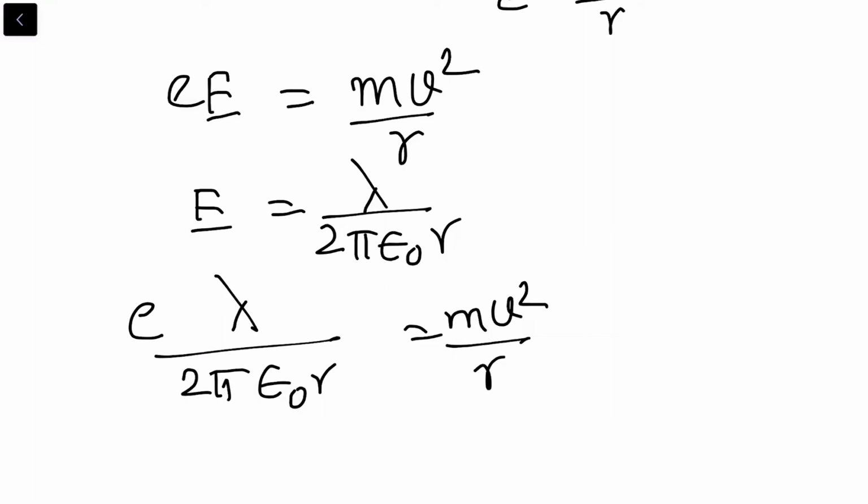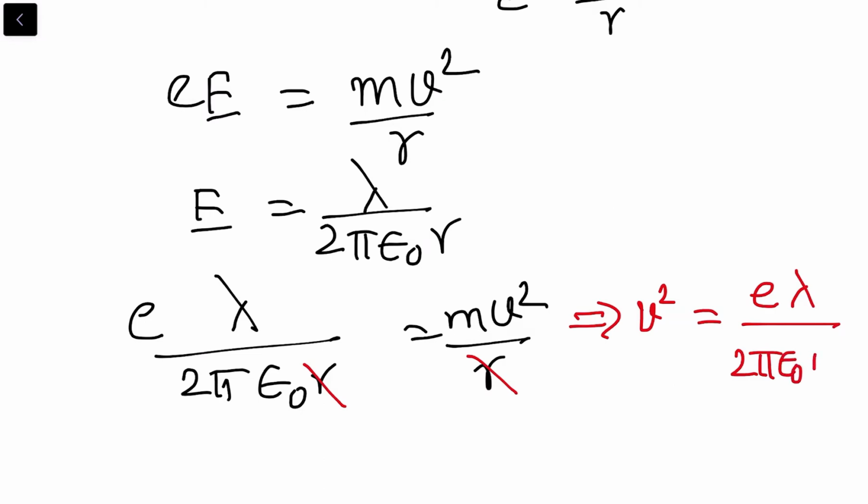One r and r will be cancelled, and then send m to the left side. Then you will get v square is equal to e lambda by 2 pi epsilon naught m. Send m to this side after cancelling r. Then v square is equal to e lambda by 2 pi epsilon naught m.